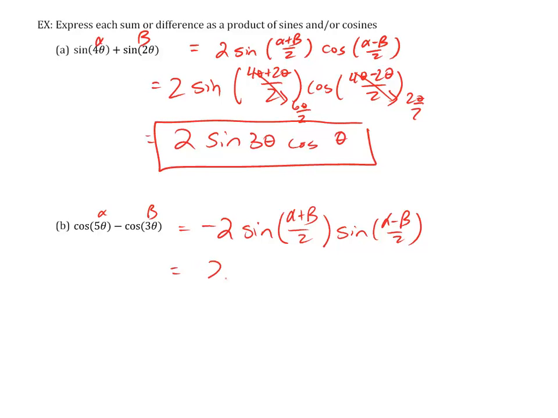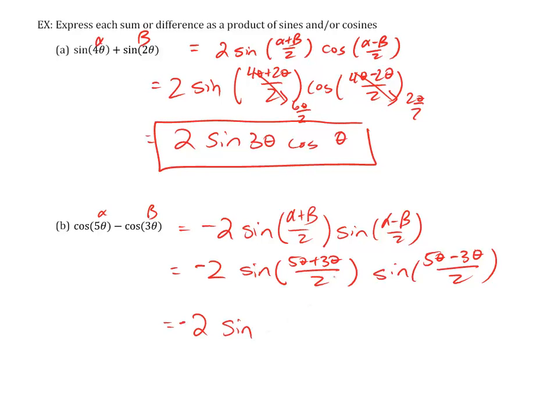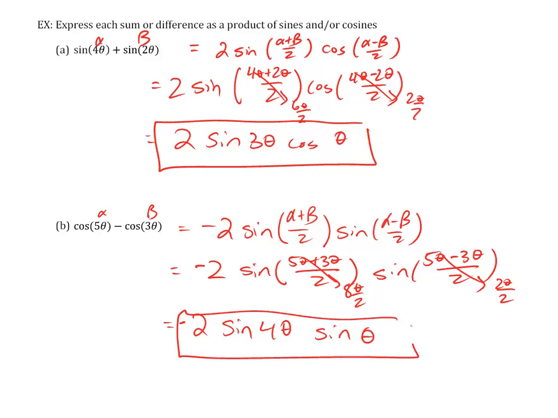Which becomes negative 2 sine of (5 theta plus 3 theta) over 2 sine of (5 theta minus 3 theta) over 2, which is negative 2 sine of 8 theta over 2, so 4 theta, sine of positive 2 theta over 2, so theta. That's what it simplifies to. And that's how we use the product to sum and the sum to product formulas.